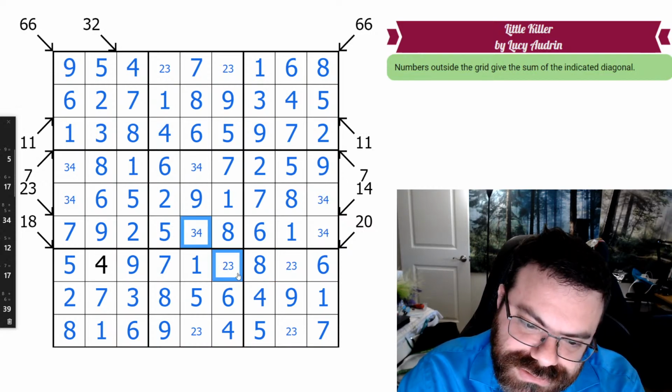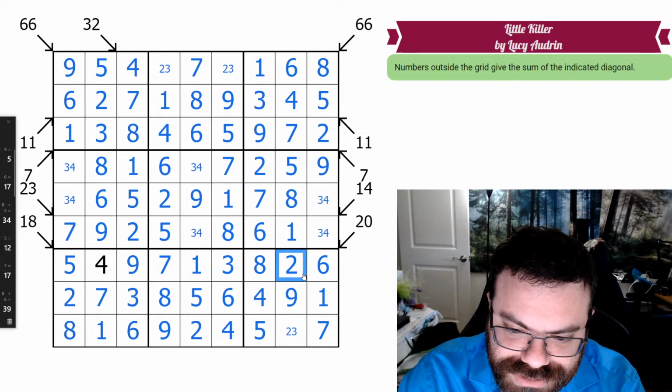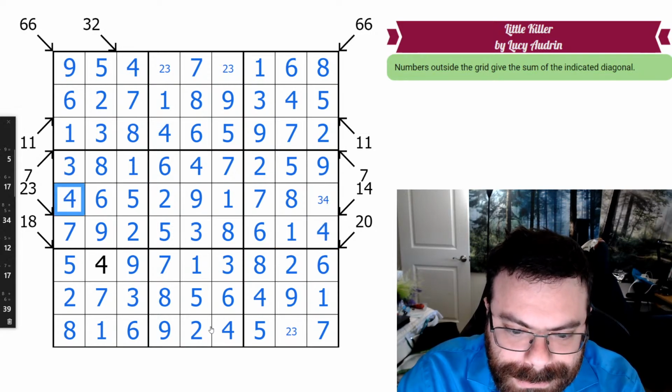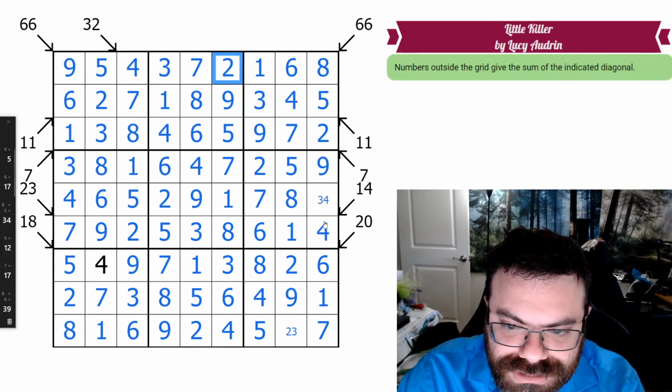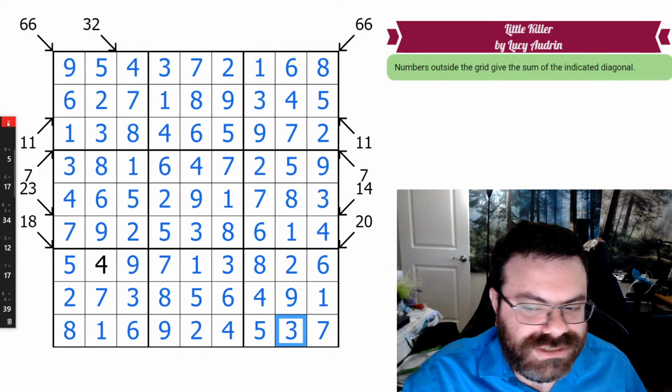Or wait, does it? Oh no, this 3, 4 pair puts a 2 here. Never mind, I can just finish this. Now there we go. 3 and 2. That's a 3, and that's a 3. Got it.